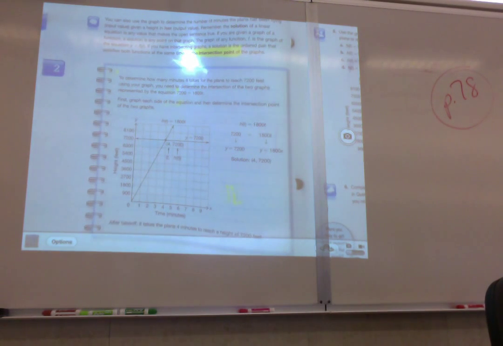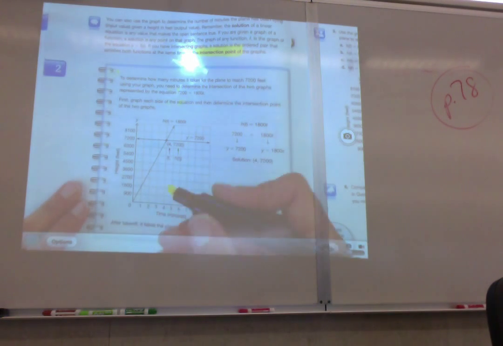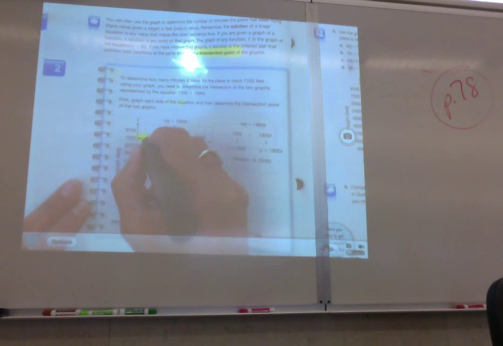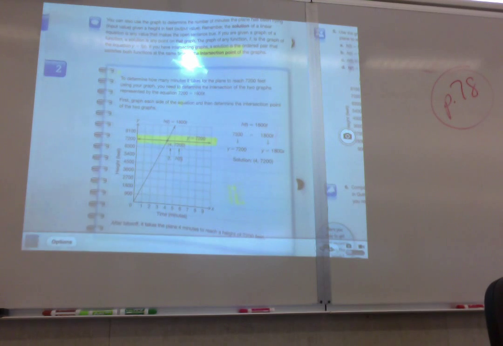One way to solve the kind of problem you were just looking at is math with your calculator. Another way to solve it is graphing. Notice this line right here. What does that line represent?